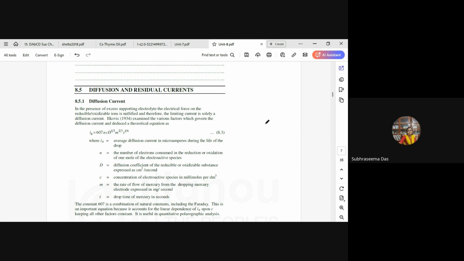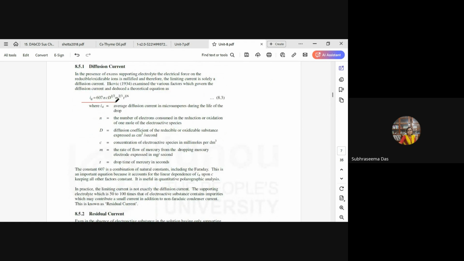Here Ilkovic examined the various factors and a theoretical formula was given where Id, the diffusion current, is equal to 607 n C D^(1/2) m^(2/3) t^(1/6), where Id is the diffusion current, n is the number of electrons involved in the whole process, D is the diffusion coefficient, C is the concentration of the electroactive species, m is the rate of flow of mercury, and t is the drop time of mercury in seconds.